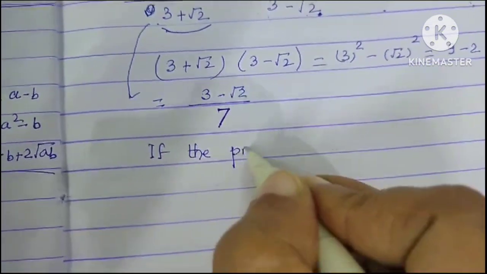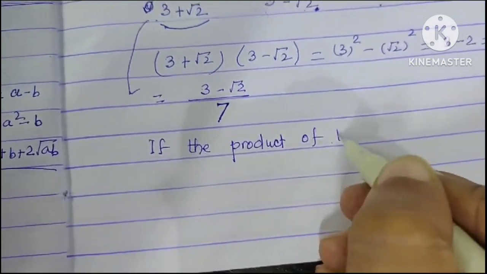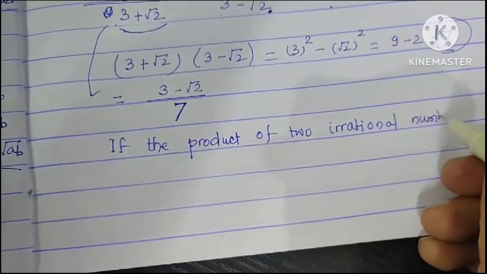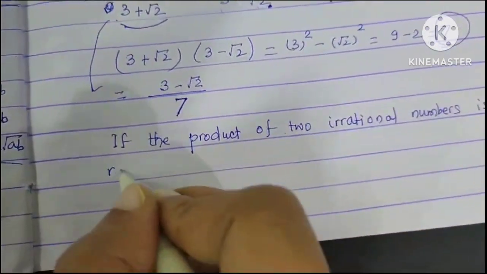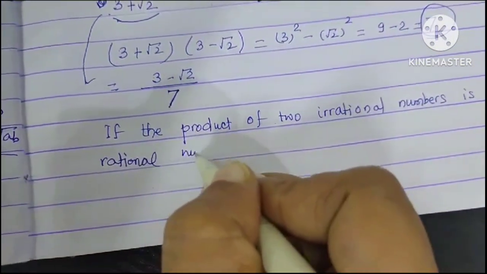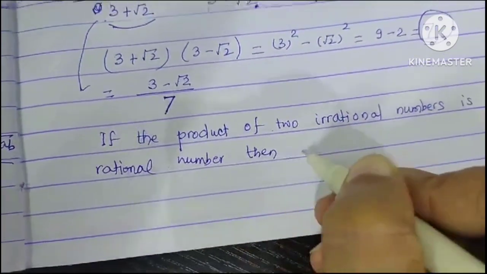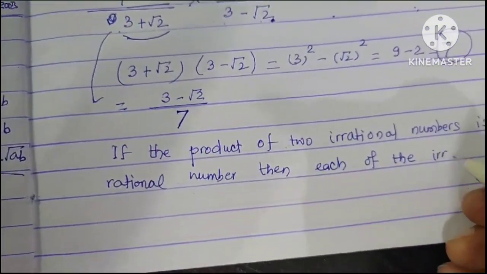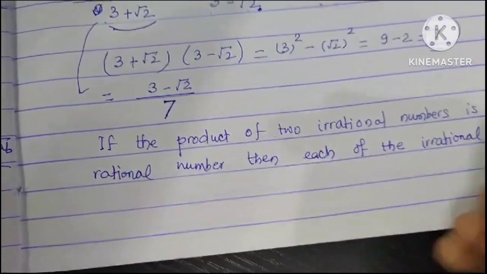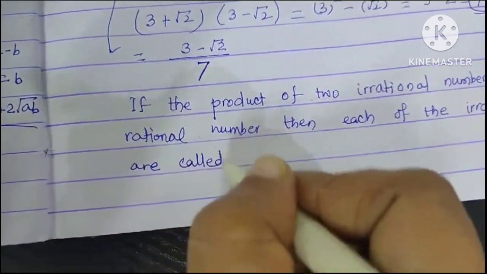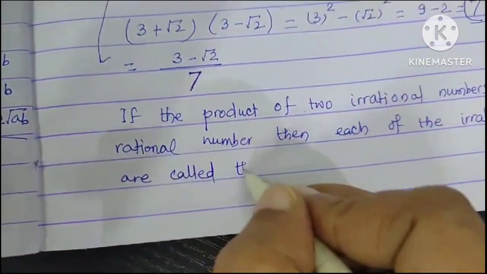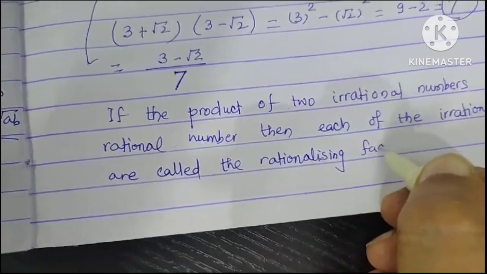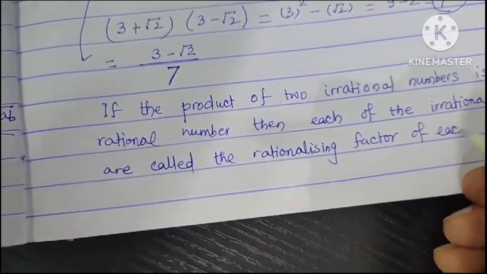If the product of two irrational numbers is a rational number, then each of the irrational numbers is called the rationalizing factor of the other.